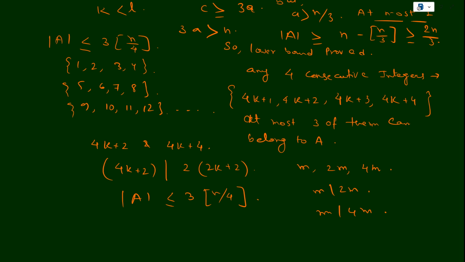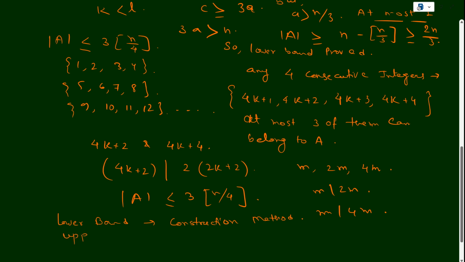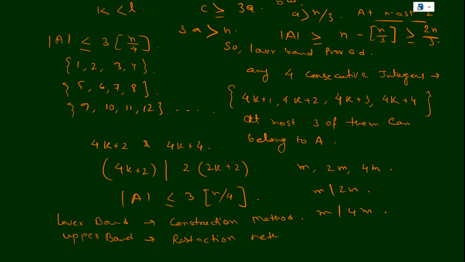Now notice what happened. Lower bound, that is the construction method. We build an example. And upper bound, that is the restriction method. We showed exceeding a limit creates contradiction.